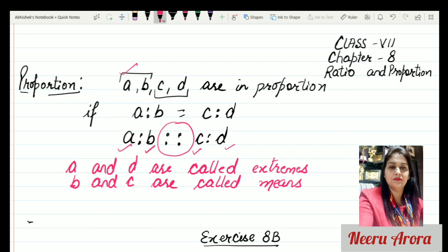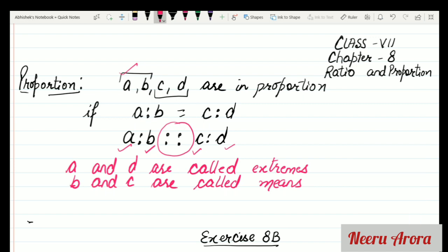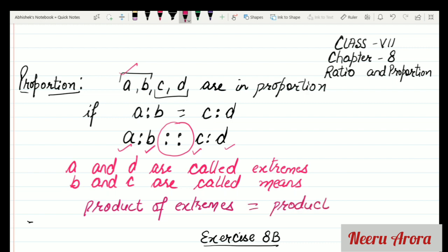Now, when the terms are in proportion, when we say that A ratio B is proportion to C ratio D, then the product of extremes is equal to the product of means.